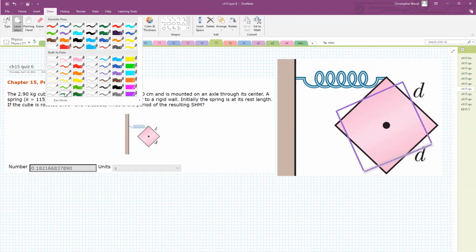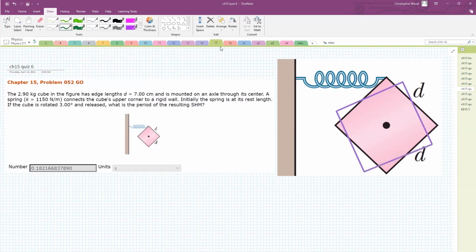So this is my axis of rotation. And there's my non-rotated position, right to that attached point. And then here's my 3 degree rotation. Obviously I'm drawing it at a greater than 3 degree angle, but just so it's easy to view.